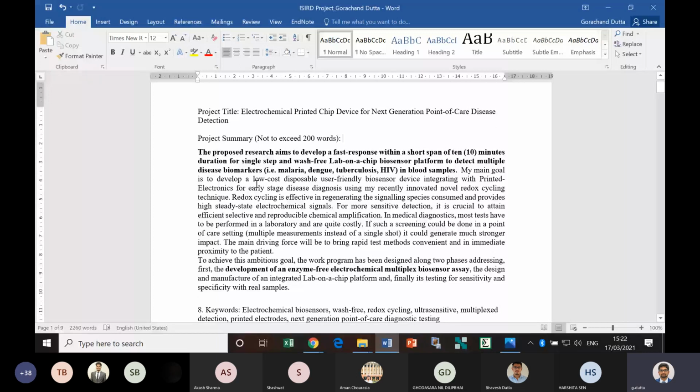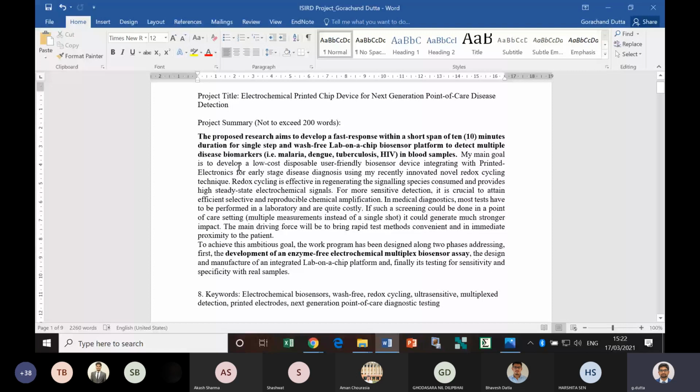Here I mentioned that we are going to develop a fast-response biosensor, within a short time, like 10 minutes, a wash-free laboratory biosensor to detect multiple disease biomarkers like malaria, dengue, tuberculosis, HIV in blood samples. So this is the main theme and summary. Then I mentioned my main goal: to develop a user-friendly, low-cost, disposable biosensor integrating some printed electronics, something like this.